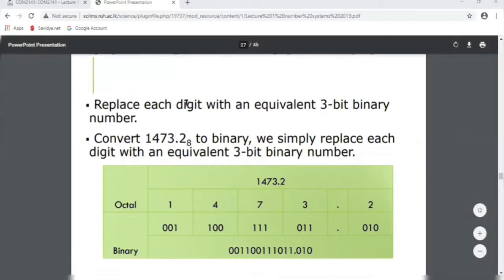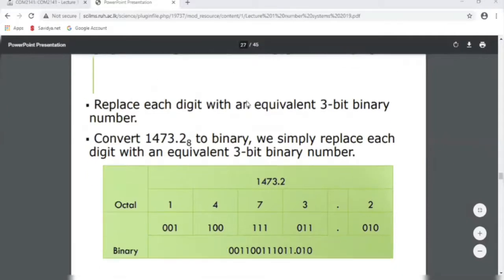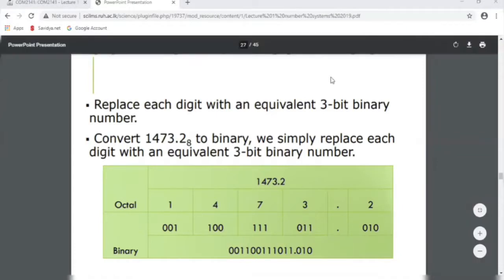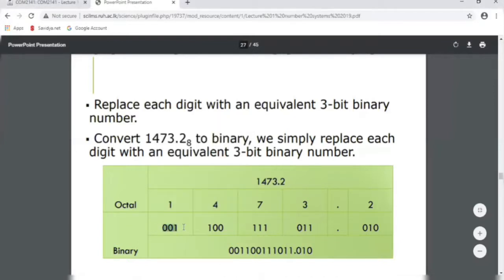If you are asked to convert a hexadecimal number to the binary number system, 16 is equal to 2 to the power 4. So we need 4 positions in binary to represent a single hexadecimal digit. So if there was a hexadecimal digit here, you have to represent it with not 3 numbers, but 4 numbers.